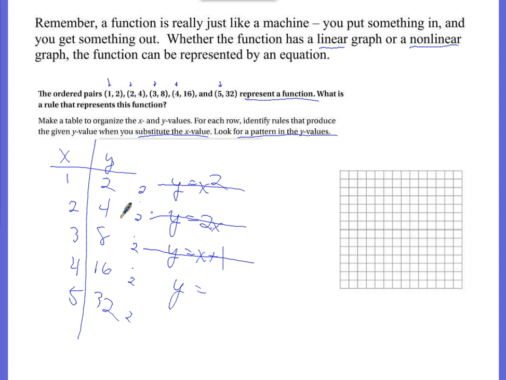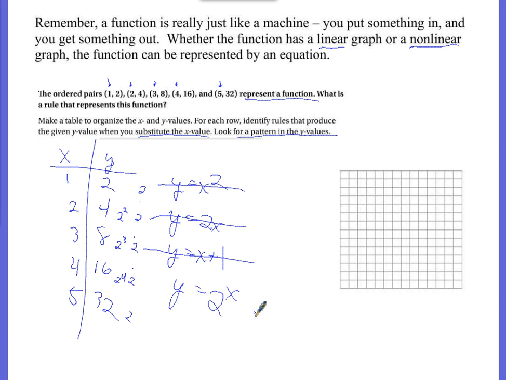I need 2 squared. How do I get to 8 if I'm multiplying by 2 each time? I need 2 to the third. 2 times 2 times 2 gets me to 8. 2 times 2 times 2 times 2 gets me to 16. It's another exponential function. 2 to the x power, actually.